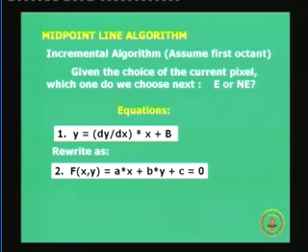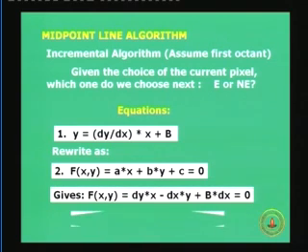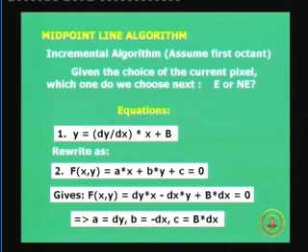We can rewrite equation number 1 in this form, where the coefficient a is equal to dy, coefficient b is equal to minus dx, and the coefficient c is capital B multiplied by dx. So these are the coefficients or parameters of the line, and that means equation number 1 takes the form f(x,y) equals as given here equals 0, and we know what the coefficients a, b, c are, as given at the bottom of your screen.